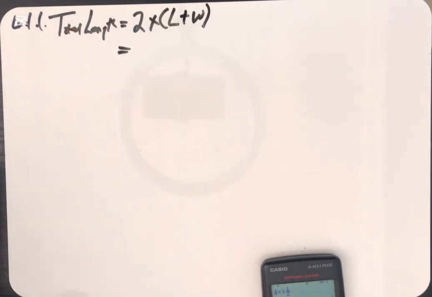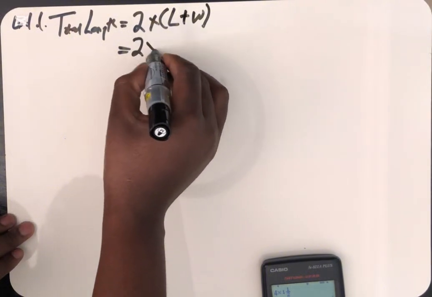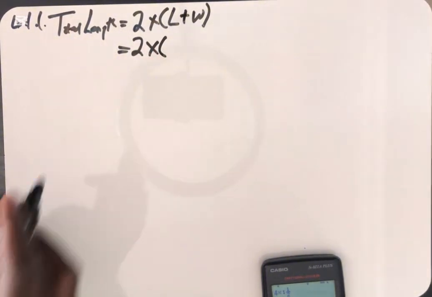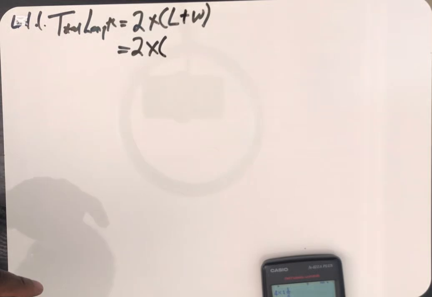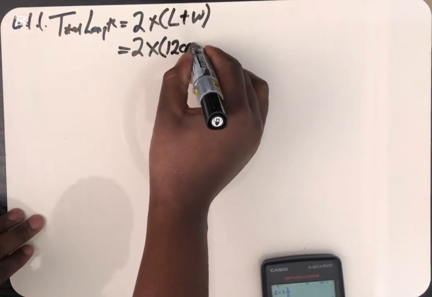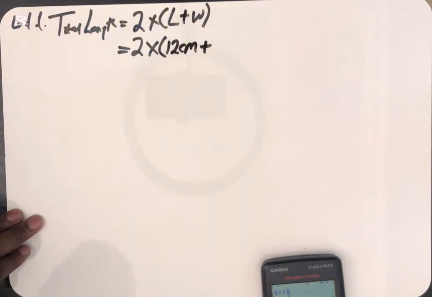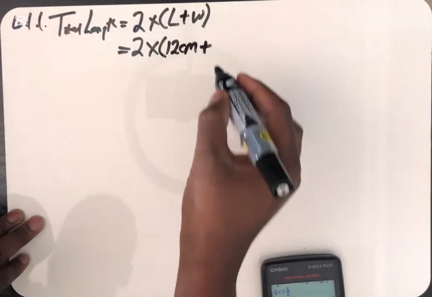So if you check here, the only thing that we're going to do is to substitute the length and the width. 2 multiplied by, and then you open the brackets. Instead of writing L, we're going to write 12 centimeters. Plus, instead of writing width, you're going to write 5 centimeters.